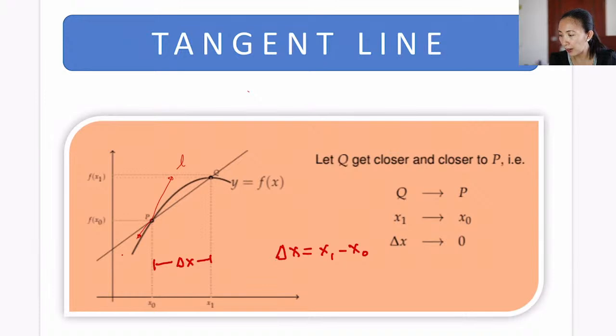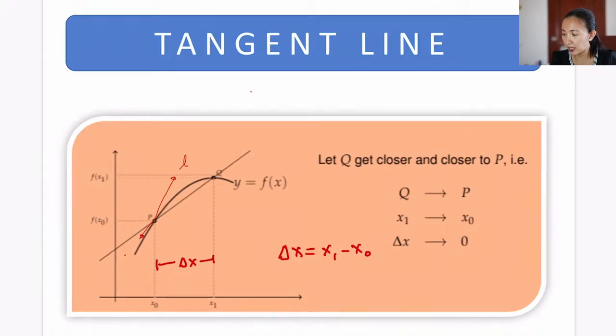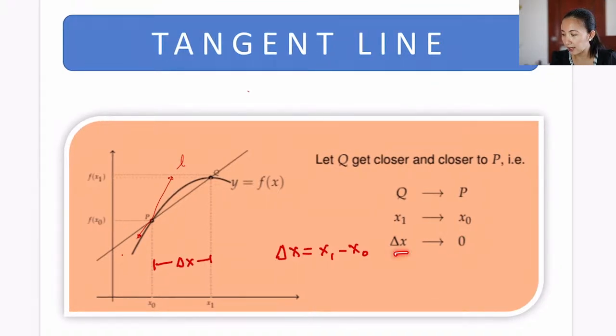Q approaches P. Q gets closer to P. X sub 1 gets closer to x sub 0. Paliit ng paliit yung distansya nila. Kaya meron to. Delta x approaches 0. Delta x gets closer and closer to 0. The distance between the two lines is so minute. It approaches 0. Okay? Ito yan.